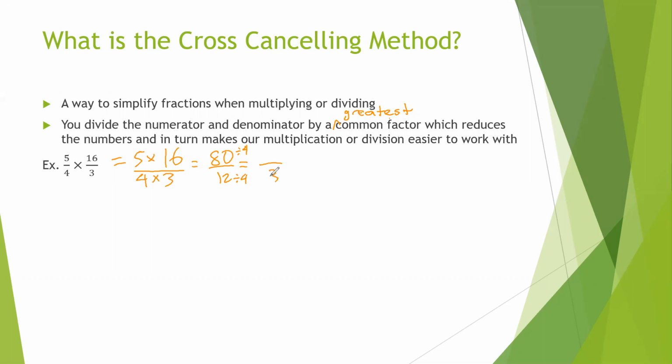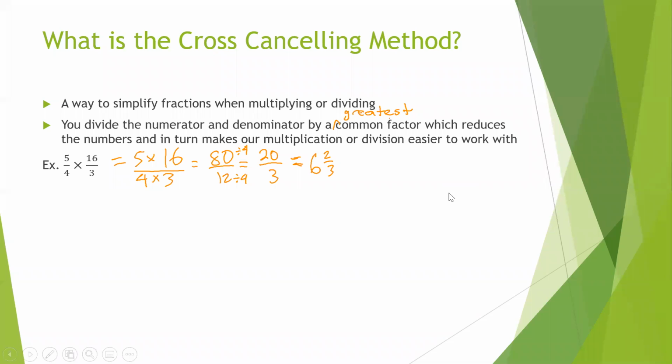So this ends up giving you 20 over 3. And of course, 20 over 3, if I want to write that as a mixed number, I can actually write that as 6 and 2/3, right? So this is a way that I can simplify my fraction so it becomes a little bit easier to work with, right?